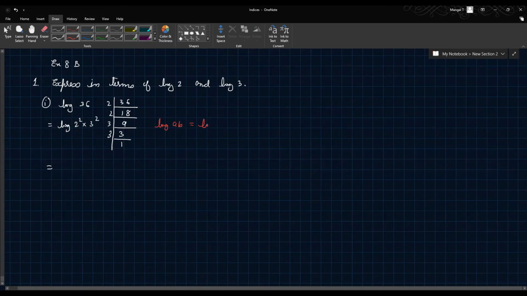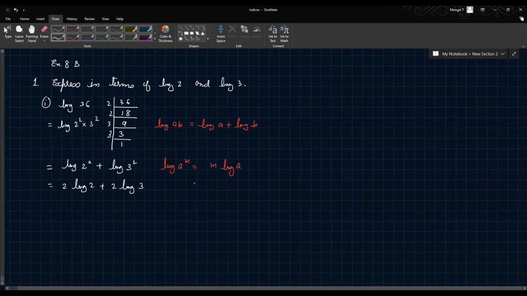Log of AB is log A plus log B. Therefore, this is log of 2 squared plus log of 3 squared. Then we use the law of power, that is, log of A raised to M is M times log A. Therefore, this is 2 log 2 plus 2 log 3. That's what they want us to do.